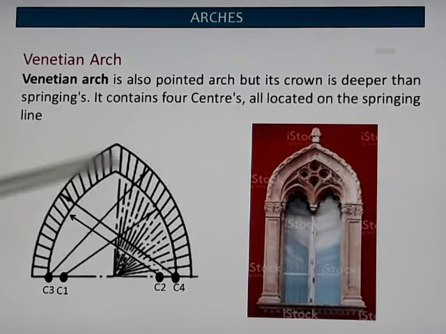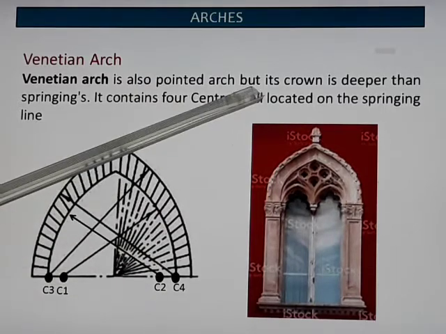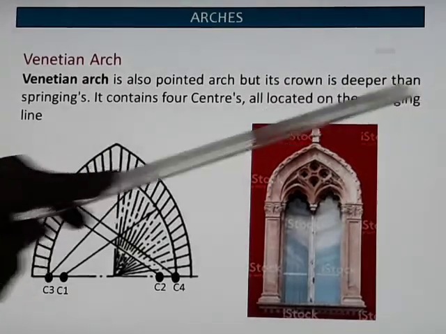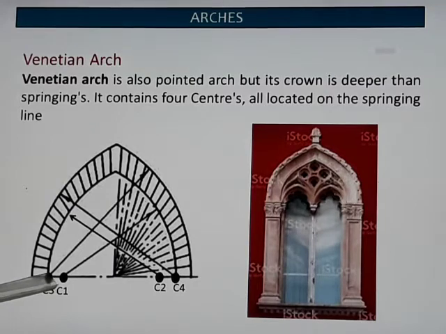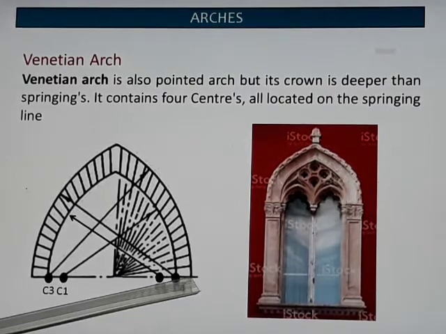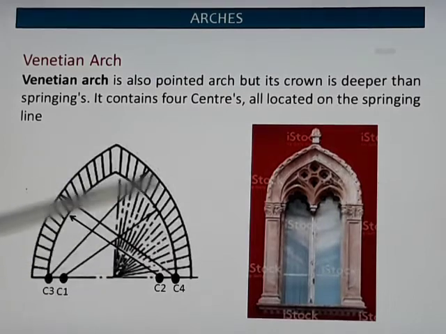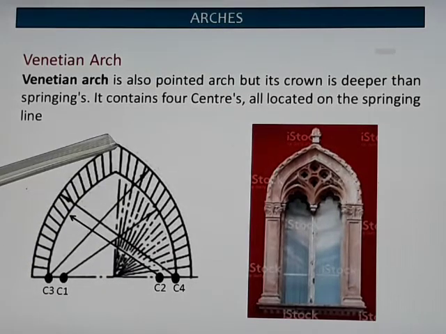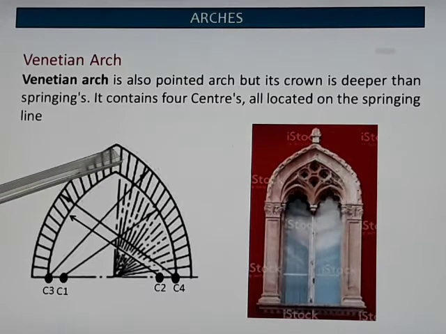Here we can see it forming an apex, the basic characteristic of a four-centered arch, but its crown is deeper than the springings. That means at the springings the arch is less deep, and as you go higher to the crown, the arch becomes deeper.